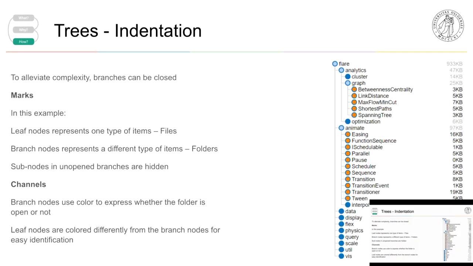And so they are colored differently from the branch nodes so you can easily identify them. But you could use some more channels here to identify, for instance, different types of folders or different types of files. And in your IDE, they are usually using an icon for each file type, right? So you can identify different types of files from each other.